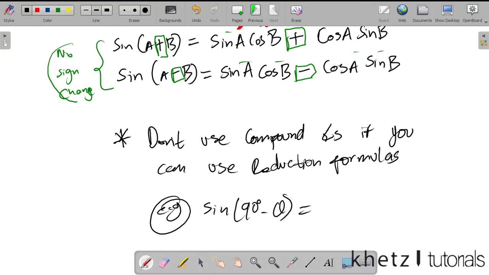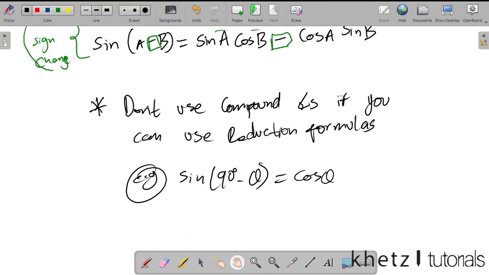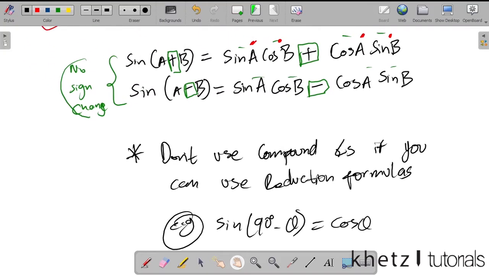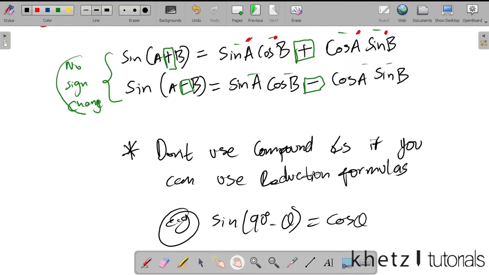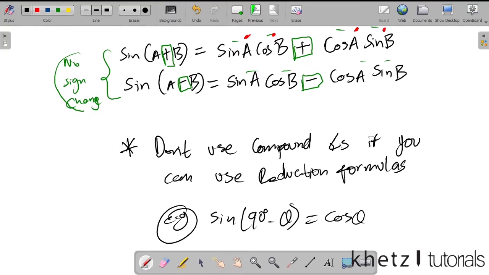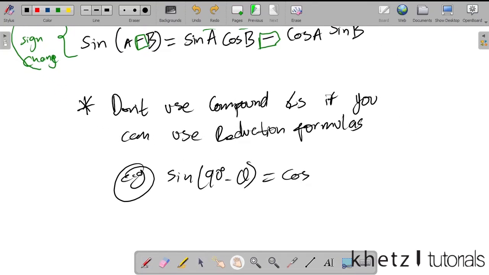Without even using the compound angles, you know that the answer is cosine of theta. So if you can simplify something just using the reduction formula, please go ahead and do so. But if you see that you can't, or that splitting your trig function would be helpful, then do that. But if not, then don't.